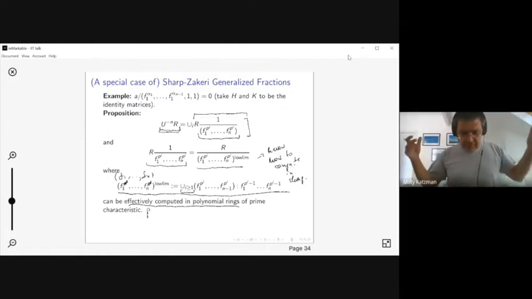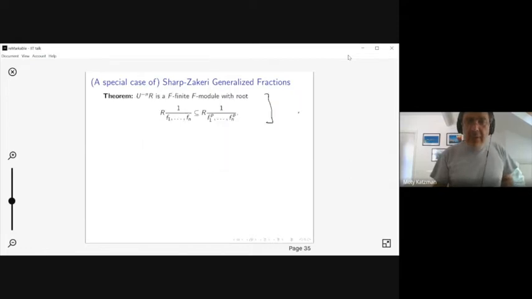So now let's go back to finite F modules and ask ourselves, I just defined a new object, which is this module of generalized fractions applied to the ring R. And suppose that we're working in characteristic P. Does this happen to be a finite F module? And the answer is yes.